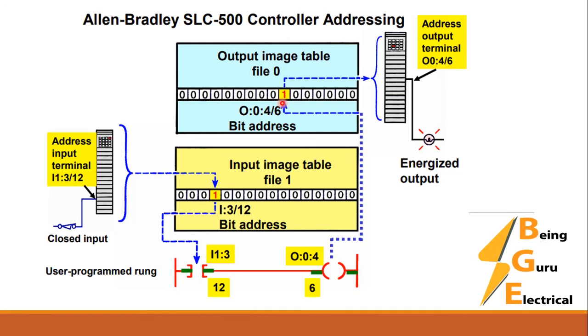I will give the link in the description also. We have 1 here, and this is reflected at the output module here, at O:4/6. This output terminal is connected to the output, and if this is high, the output is energized.